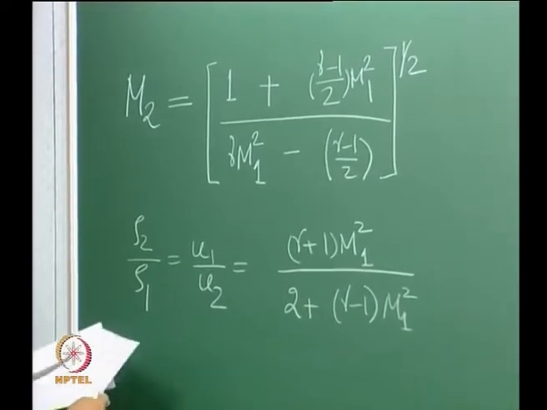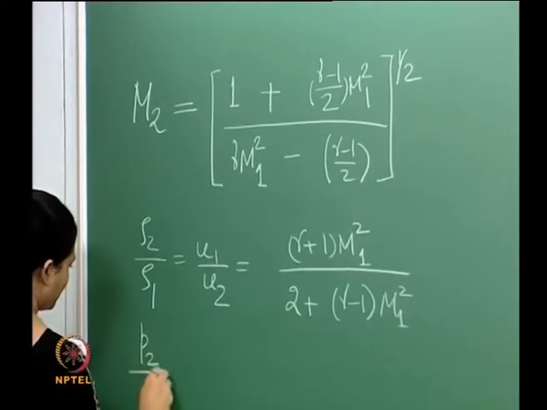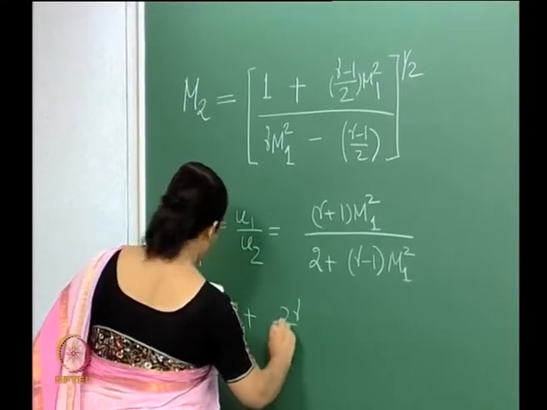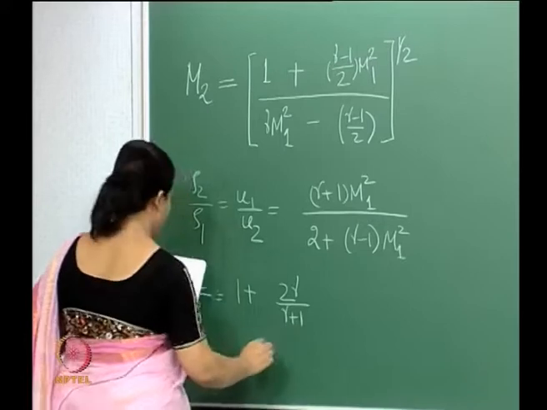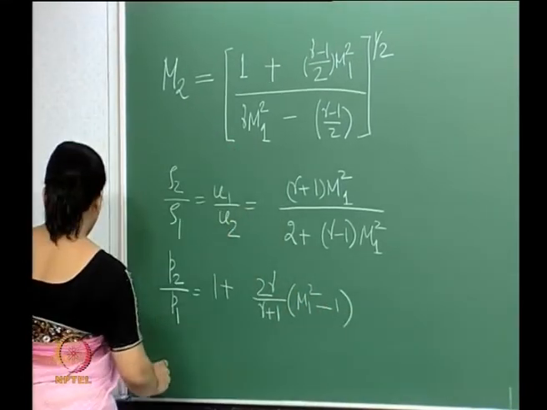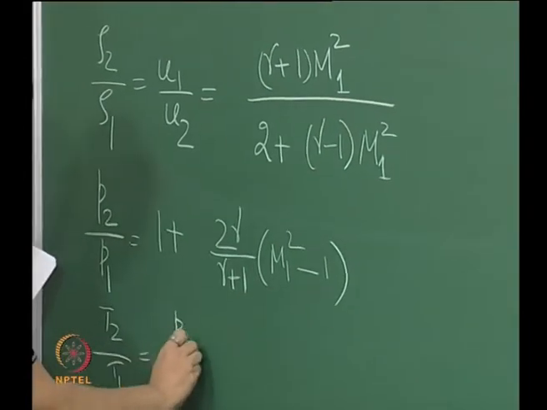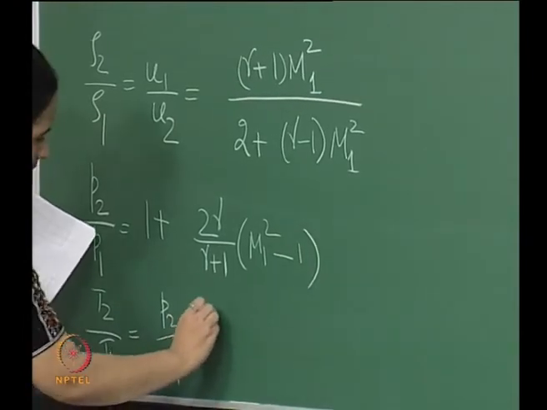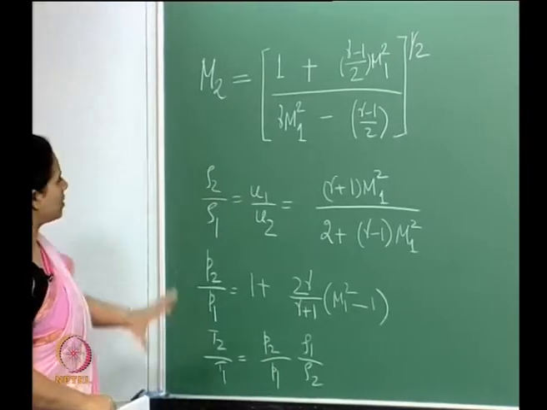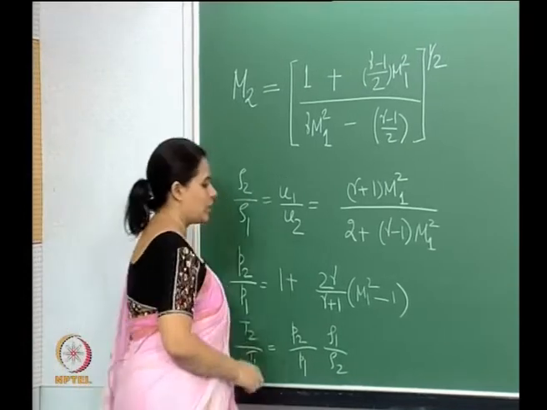Then again, this was for density, and then this is for the pressure. Okay, and right. So these are expressions that we had for a normal shock. Okay, so these are all expressions for a normal shock.